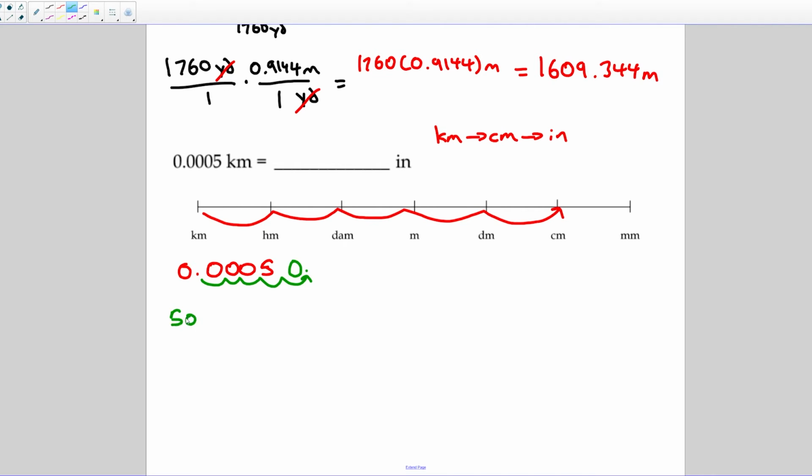So 50 centimeters will be our starting point divided by 1. And we're going to use our conversion factor from the chart. Since we have centimeters up top here, I want it on the bottom. And then our inches will be up top. We know that we have 1 centimeter for every 0.3937 inches.